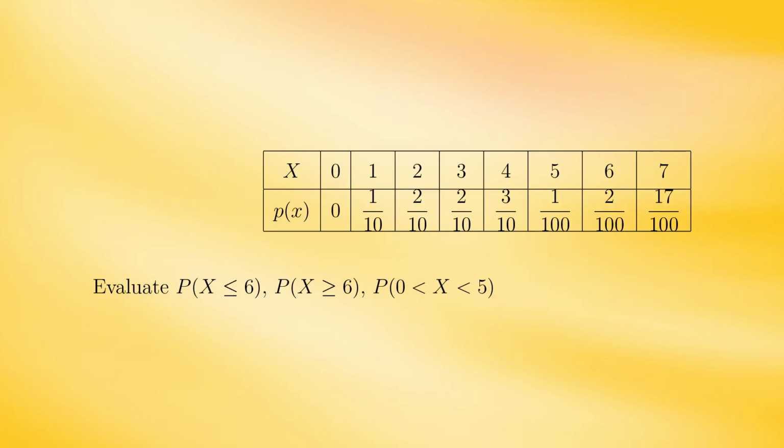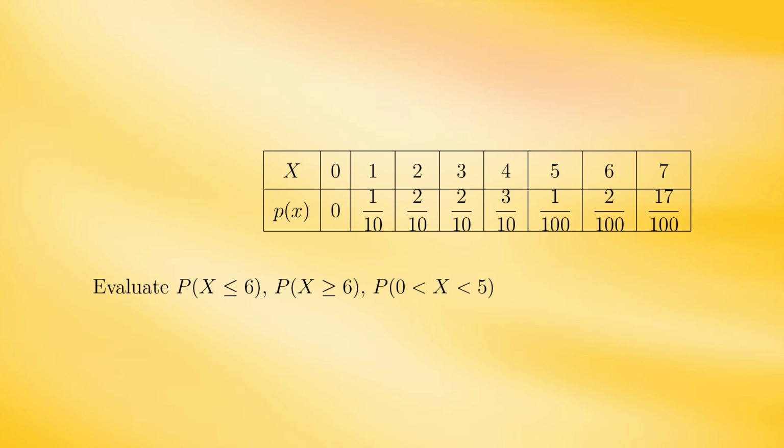A random variable x has the following probability function. X is equal to 0, p of x is 0. X is equal to 1, p of x is 1 by 10.